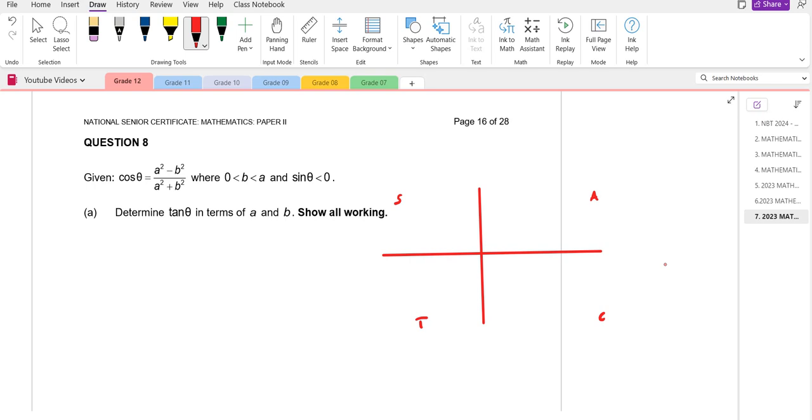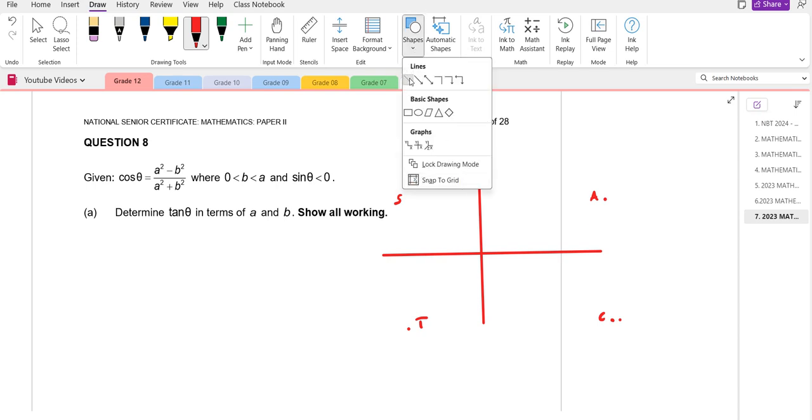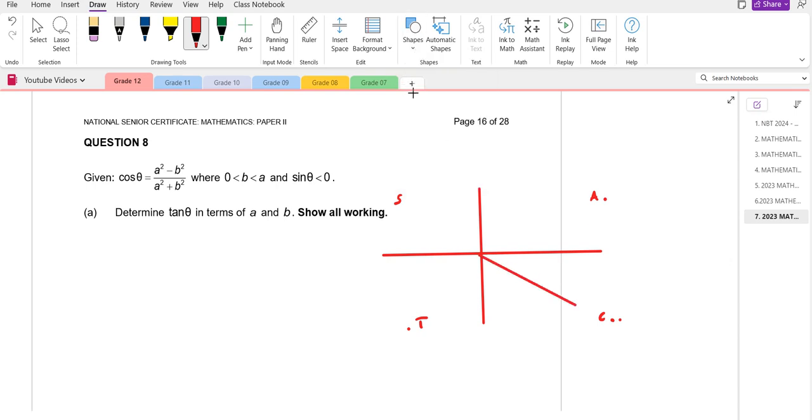So where's cos positive? Fourth quadrant and first quadrant. And where's sine negative? Sine is negative in the third and fourth quadrant. So your diagram should be in the fourth quadrant, because they say sine theta must be less than 0.